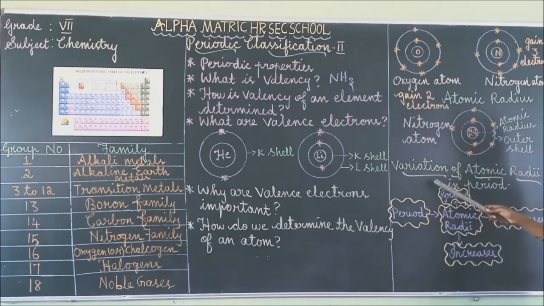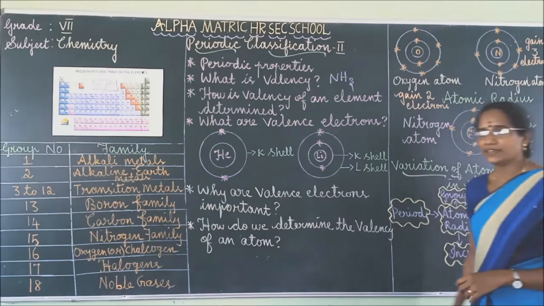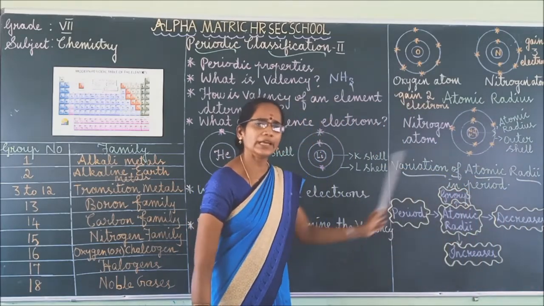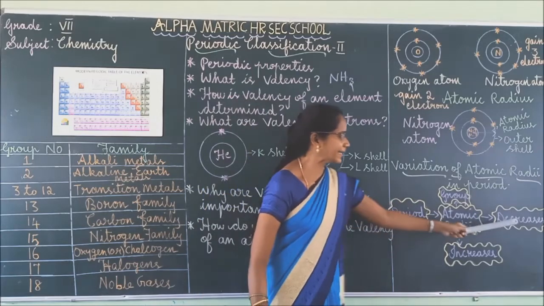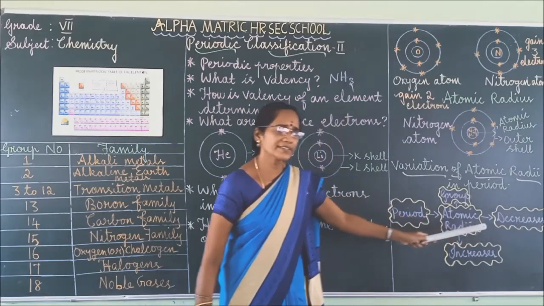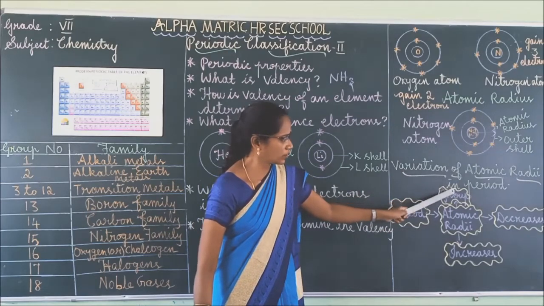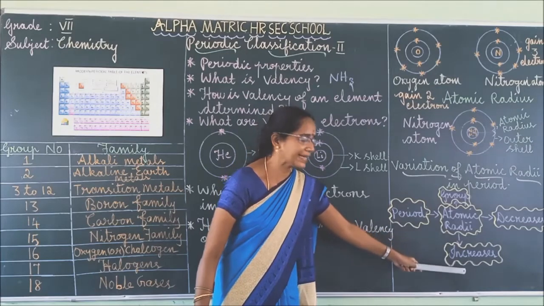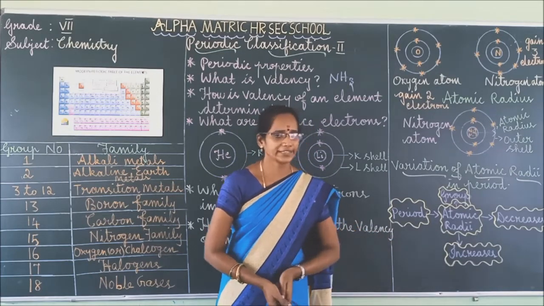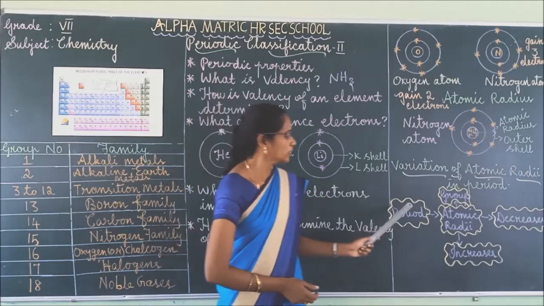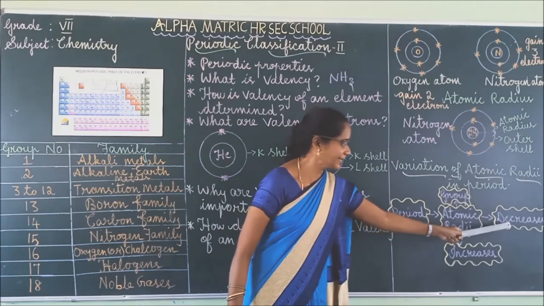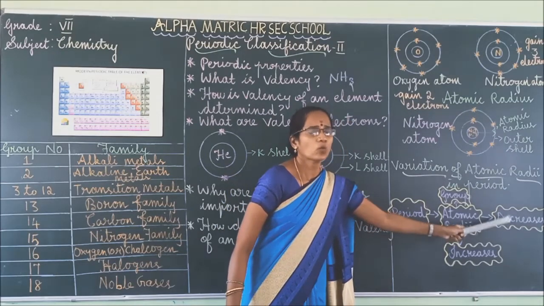Next we can move to variation of atomic radii in period as well as in group. Along the period from left to right, atomic radii decreases, whereas from top to bottom, atomic radii increases. What is the reason? Once again I will tell you. Along the period from left to right, atomic radii decreases. Why?